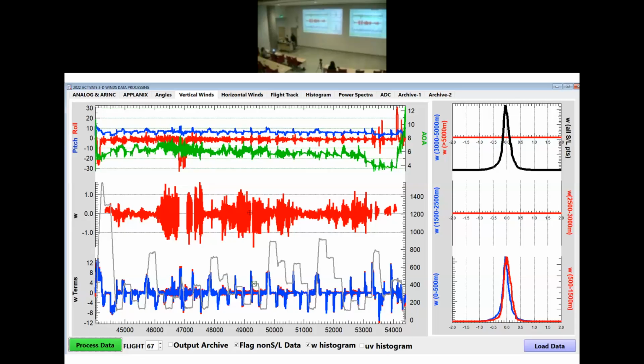They track each other very well, and you see how it changes as the aircraft moves around. You take the difference in these two numbers, and then you get the vertical winds, in this case with big rolls taken out. If you do a histogram of this, you should get a value right near zero for the entire flight, and all the flights pretty much look like this.